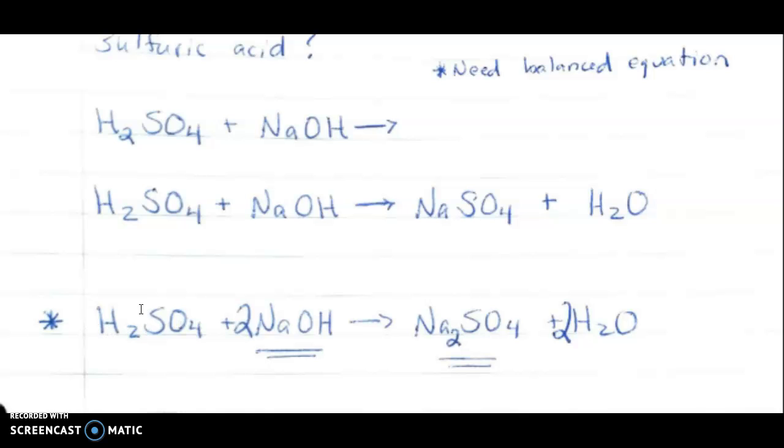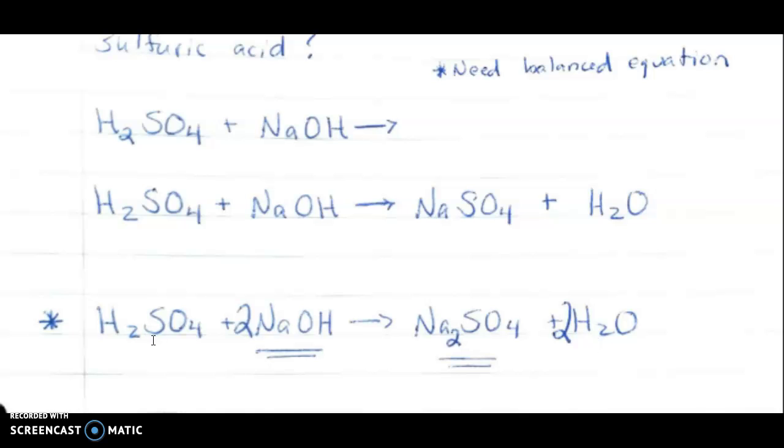And I know that for the complete reaction, both of these 2 hydrogens are going to react with water. And so I'm going to generate 2 molecules of water, which means I'm going to need 2 molecules of sodium hydroxide. So on this side, there's 2 hydrogen here, 2 hydrogen here, so there's 4 on this side, and I have 2 molecules of water, gives me 4 atoms of hydrogen here.